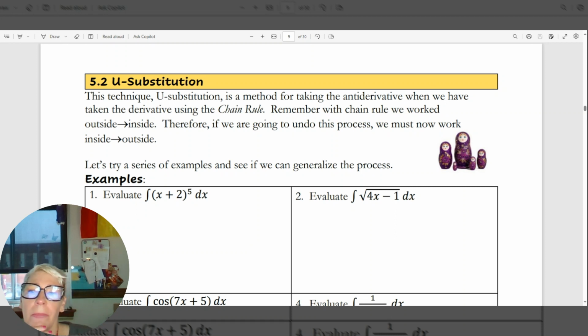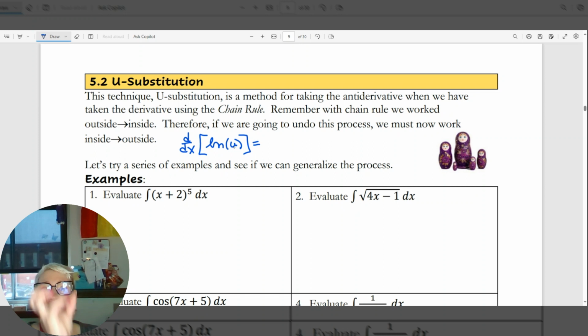So I want to first just remind you of the first time we saw u, and that's when I talked to you guys about taking the derivative of the function ln u. And if you remember, u was because we didn't just have ln x. We had the natural log of some other expression. And then the derivative of ln u was always going to be 1 over that inside, that argument, that expression.